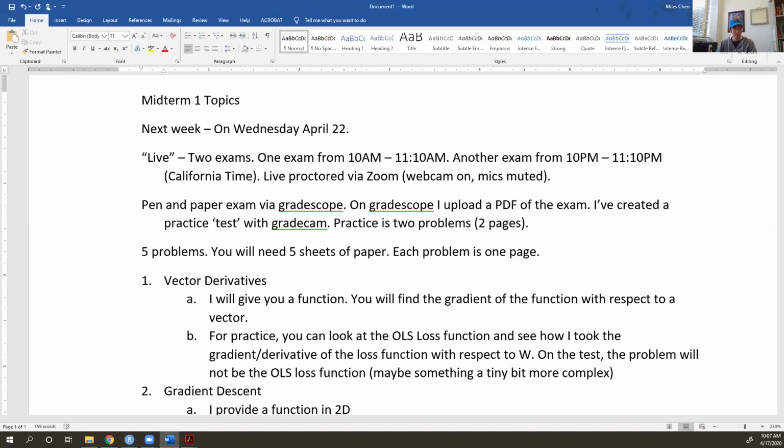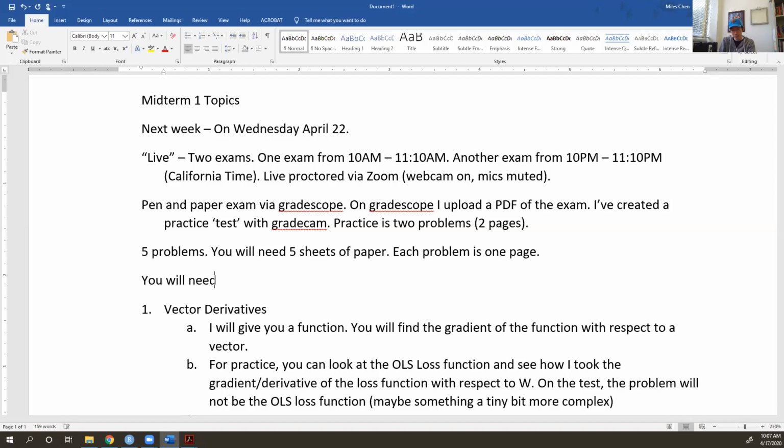The other option is you don't print it out. You just start off with 5 blank sheets of paper, label each page with your name and problem 1, and after you finish, you write all of your work clearly on the paper, and then you scan it. Each problem is 1 page, and you will need to quote unquote scan the exam and upload a PDF back to Gradescope.